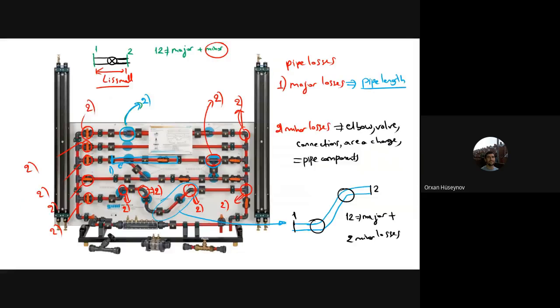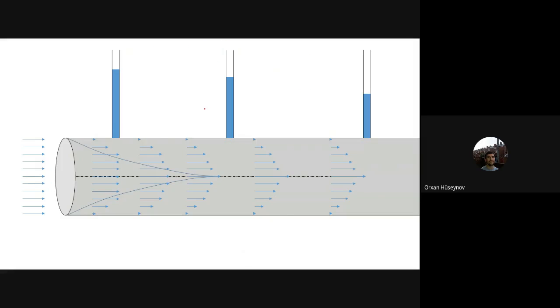Okay, now let's go back to our pipe flow again. For that pipe flow, you start the pipe with some pressure, so this is the manometer.